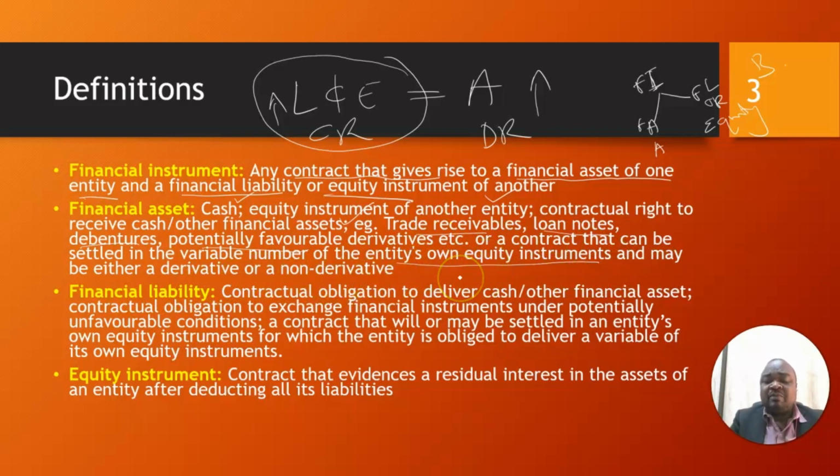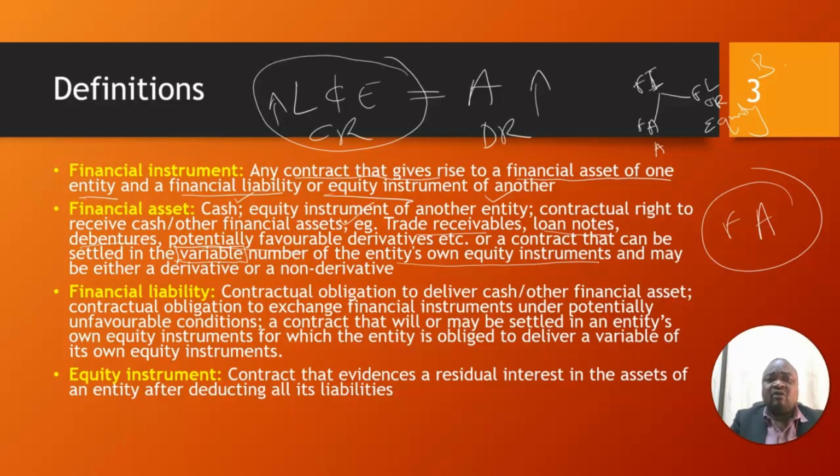If we are going to receive our own equity instruments, it may be either a derivative or a non-derivative. So sometimes the contract might stipulate that we are going to receive our own equity instruments. In that case, it is called a financial asset. But be careful, when it comes to the receipt or issue of equity instruments, that is shares, those instruments need to be variable.